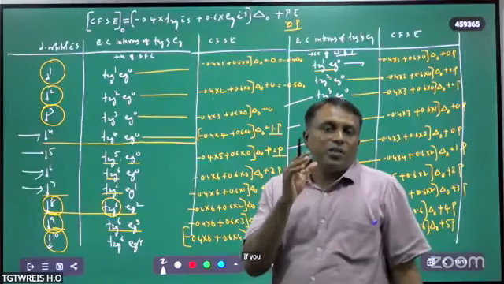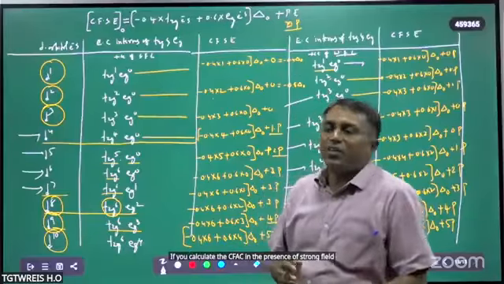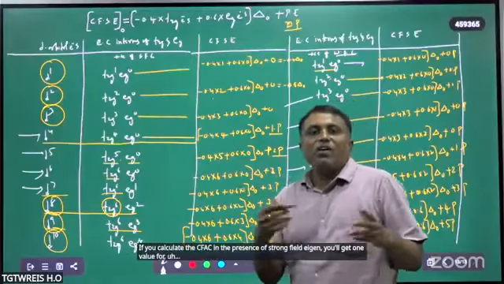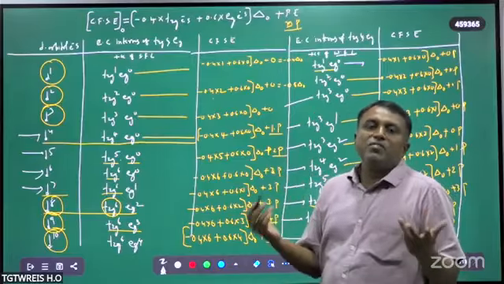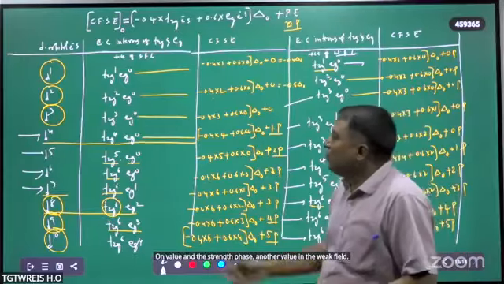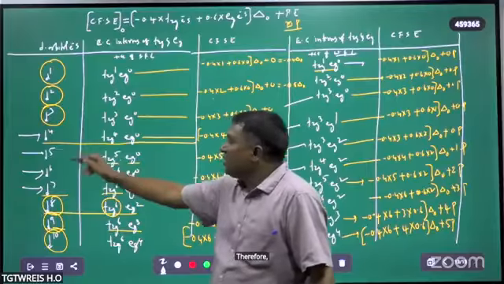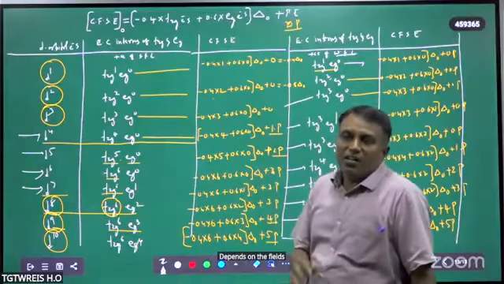If you calculate the CFSE in the presence of strong field ligand, you will get one value for d4, and another value for the same d4 in the presence of weak field. One value in the strong field, another in the weak field. Therefore, their CFSE values depend on the field strengths of ligands.